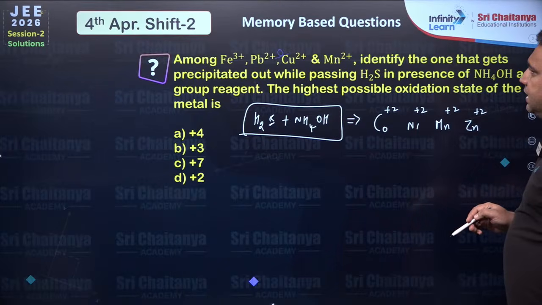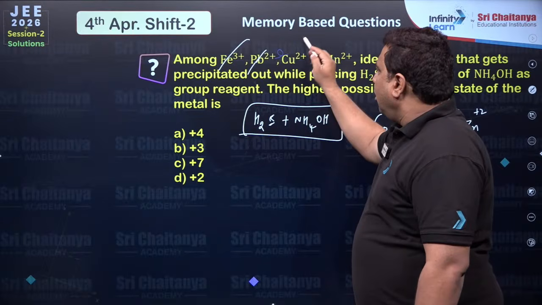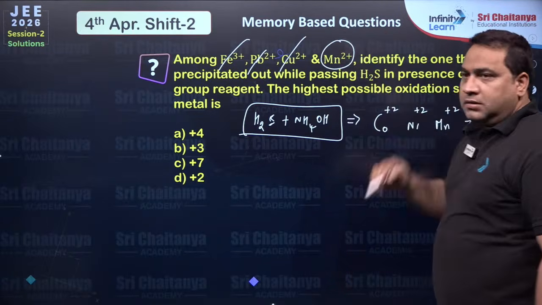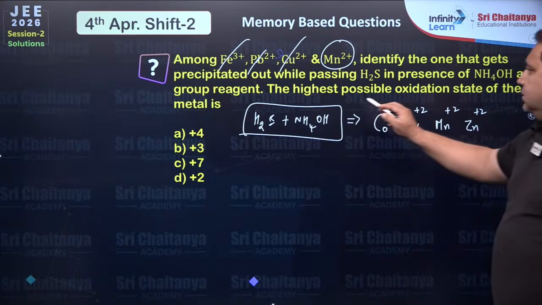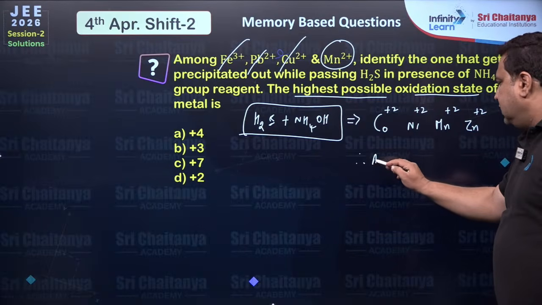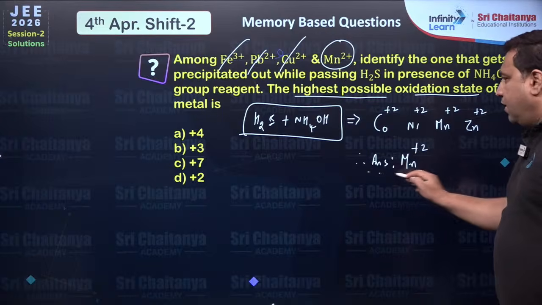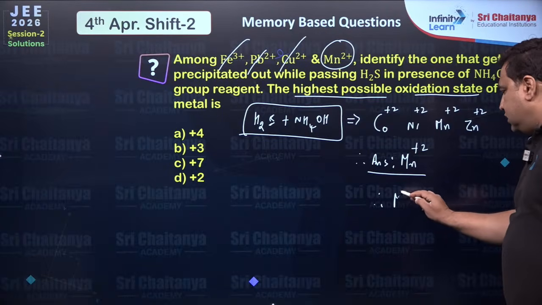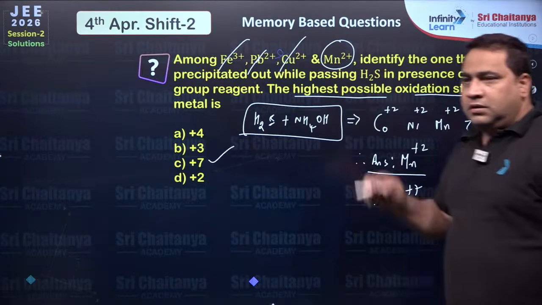In these options, iron, lead and copper are out. The only one left over is manganese plus 2. He is asking the highest possible oxidation state, okay? So what is the highest oxidation state? The highest oxidation state is plus 7. So the answer is 7. Clear everyone?